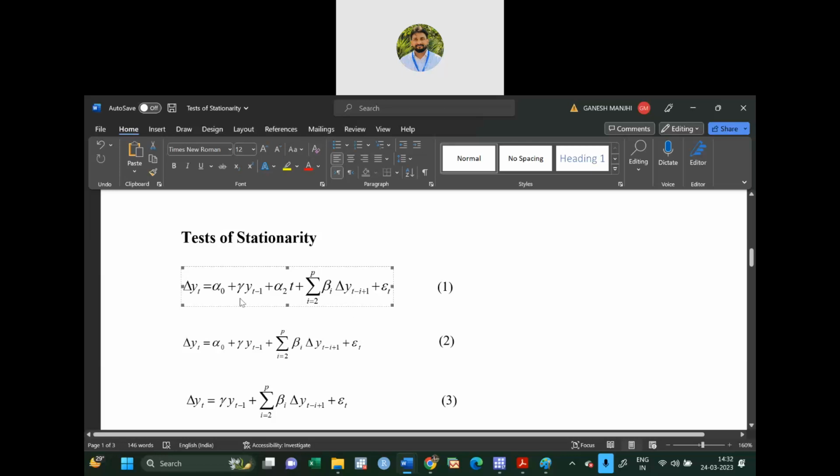So when you do the Dickey-Fuller, the summation part is not there. However, when you do the augmented Dickey-Fuller test, then this is there. So the point that I was explaining to you yesterday is that this is the most general equation that you start with, with drift term and trend term.